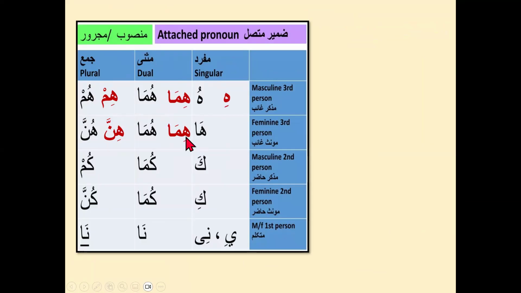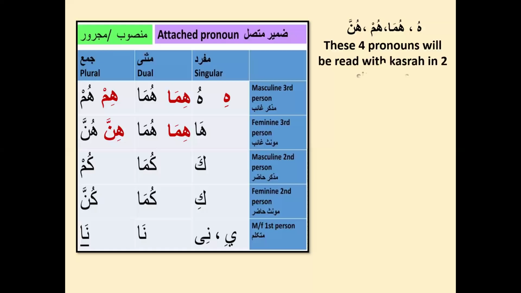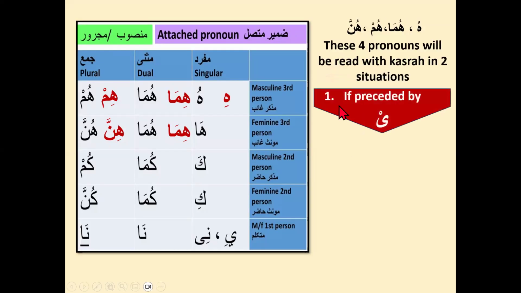So these 4 pronouns will be read with kasra. Why will these 4 pronouns be read with kasra? Because of 2 reasons. The first reason is, if any of these pronouns is preceded by ya, then they will be read with kasra instead of dhamma.